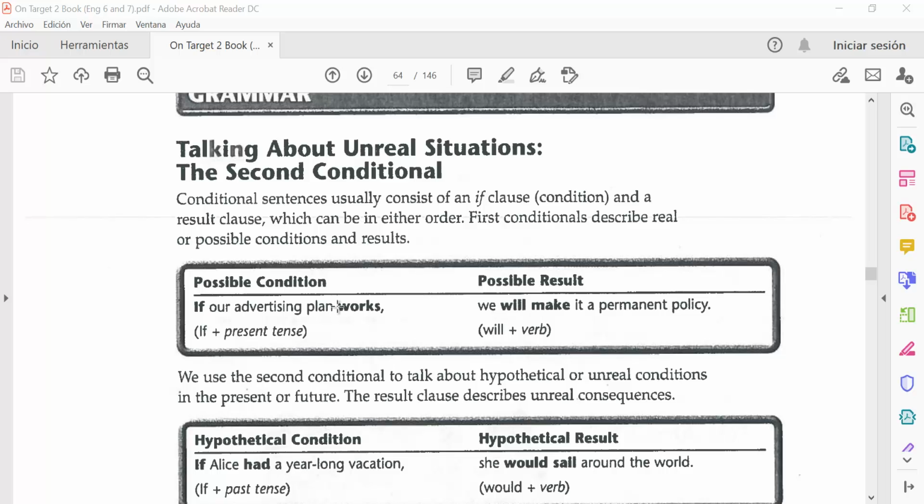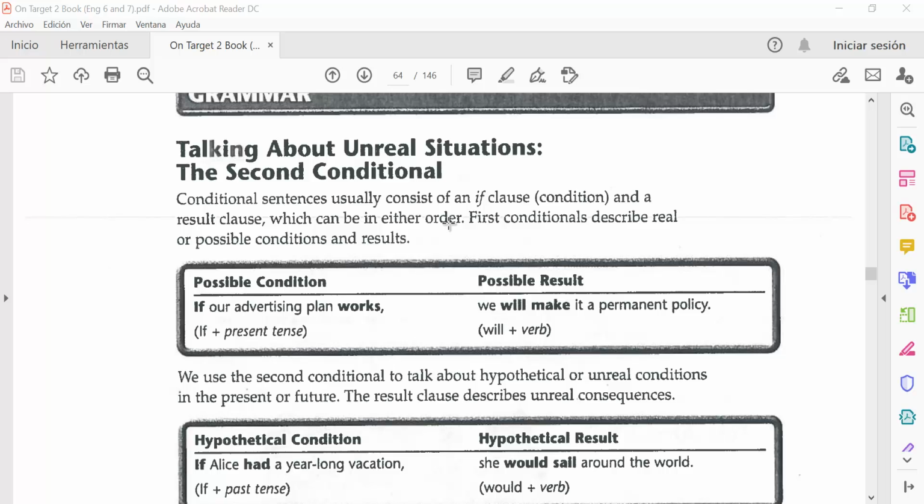Now it is important that you know that in a conditional sentence, we have two parts. One part of a sentence, as you already know, is called a clause. A clause is a part of a sentence.